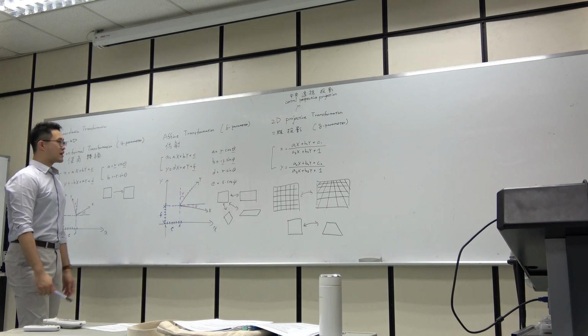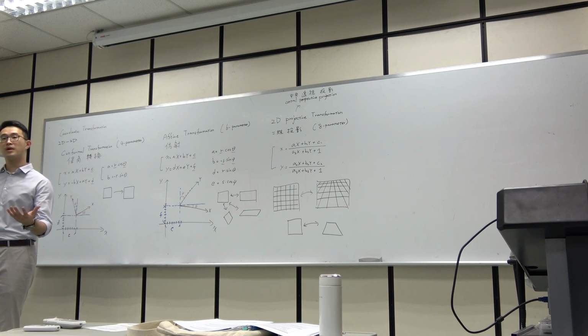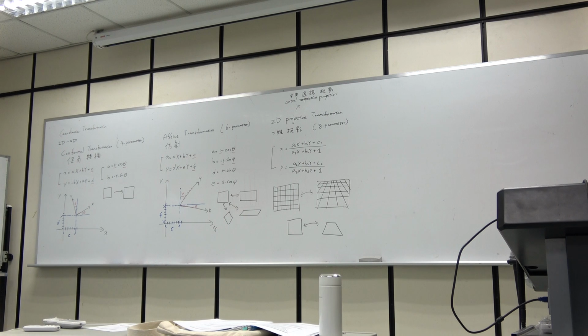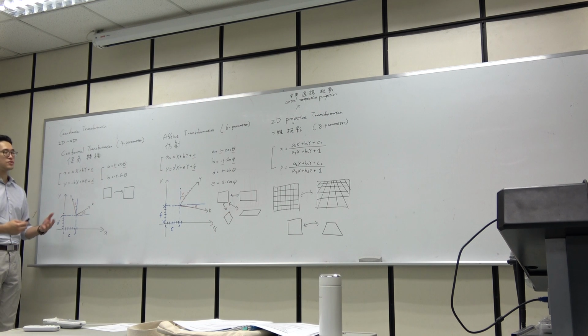So what I'm trying to say is that if in the future you have two coordinate systems and you want to derive the coordinate transformation function between these two coordinate systems, you need to go back to the geometric changes that you need, and according to that choose the coordinate transformation function that you need.